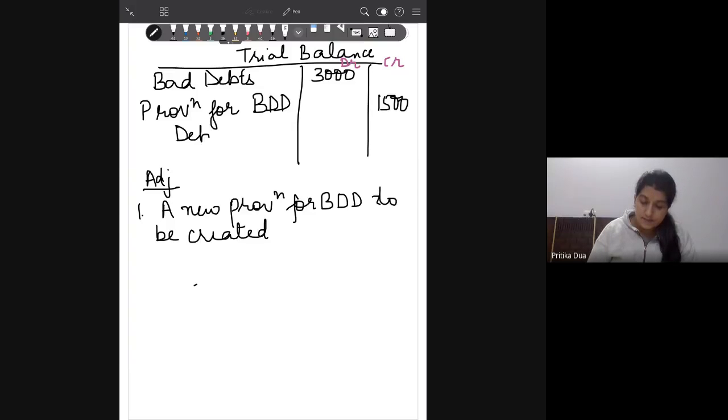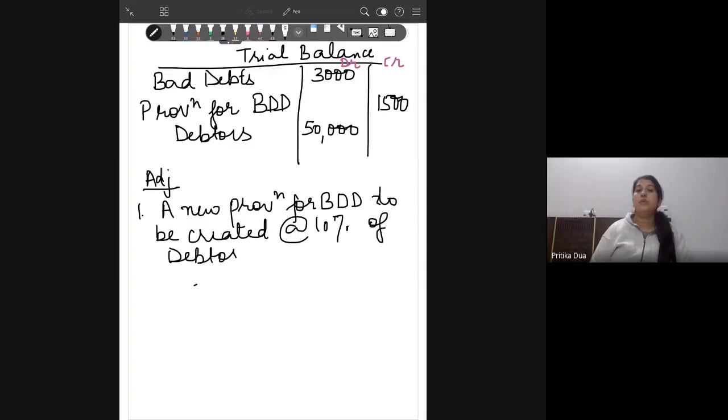Debtors 50,000, at the rate of 10% of debtors. So this is the simple adjustment that is given when you are given an old provision for bad debts and then you are also given in the additional information that the firm is planning to make a new provision for bad and doubtful debts.